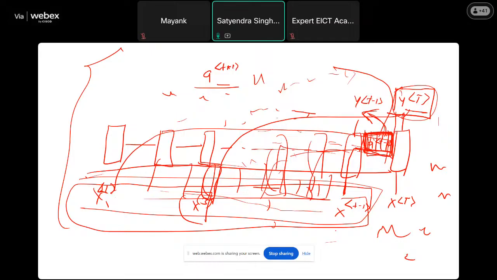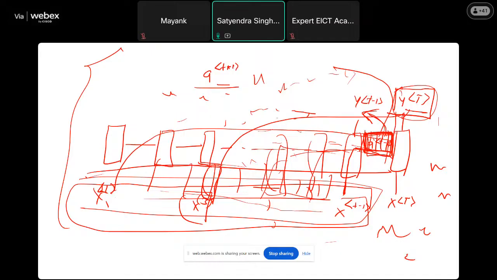Researchers have come up with different architectures. One line of researchers has introduced the concept of gates. You can think of a gate as something which passes the information or not. If the gate is closed, then the information is not passed, and if the gate is open, then the information is passed.